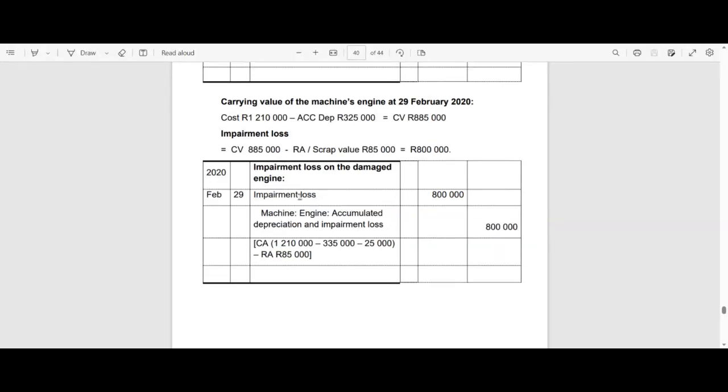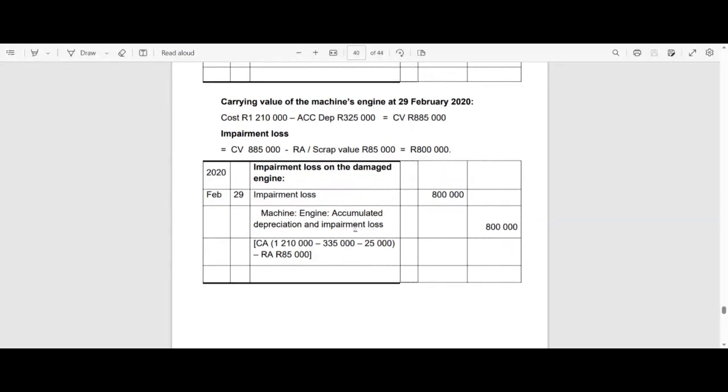So that means we have to debit impairment loss, the expense, for that 800,000, and we're going to create a new account that we are going to call, if you use the combined approach, and remember we said both of them are good, I prefer the not combined approach. So you're going to create an account called machine colon engine colon accumulated depreciation and impairment losses.